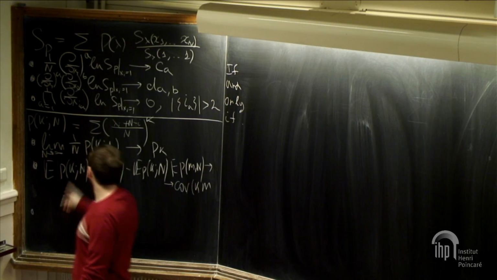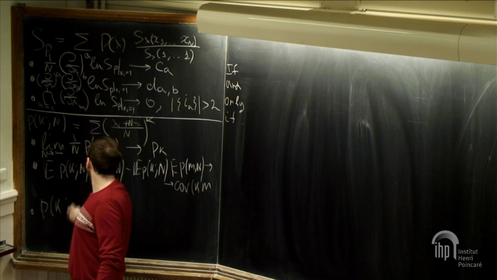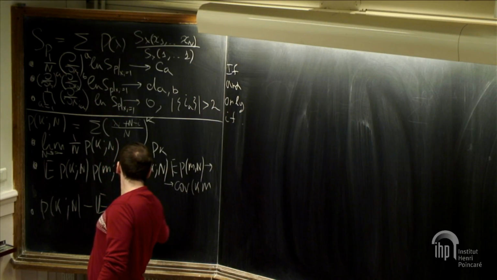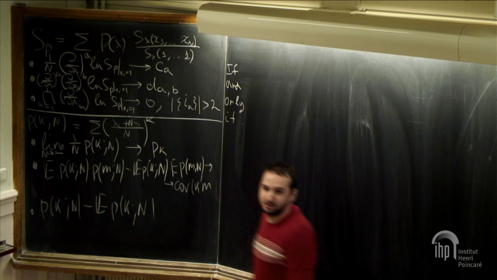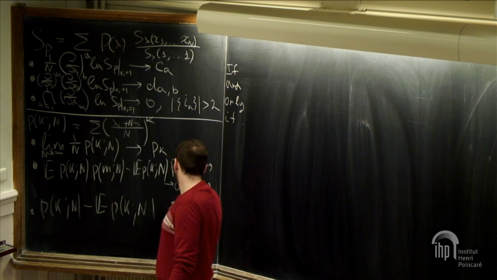And the last condition was that after we subtract the mean, so pkn minus expectation of pkn, then the collection of these random variables for all k together becomes asymptotically Gaussian. Jointly, I mean.